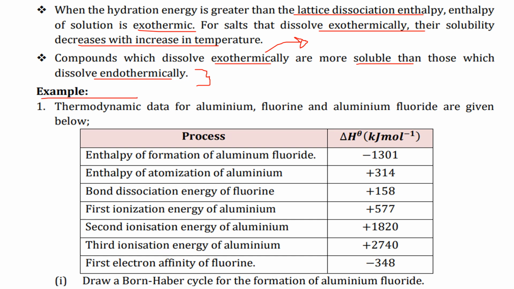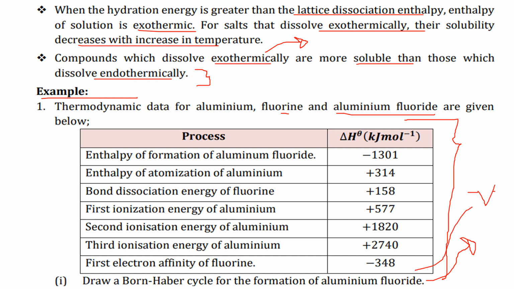In this example, you are given the following thermochemical data for aluminium, fluorine and aluminium fluoride. So Roman number 1, you are going to draw a Born-Haber cycle so that we can determine the lattice energy of aluminium fluoride. Now remember that in energy level diagrams, you are forming a compound. In other words, the lattice energy you calculate here is for formation of a bond, so the answer is negative.